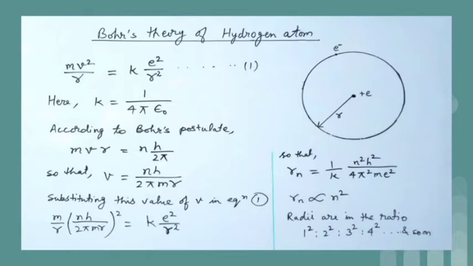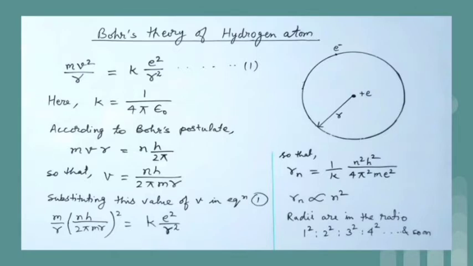Therefore, radii of Bohr's stationary orbits can be calculated using the relation mv²/r = k e²/r², equation 1, where mv²/r is the centripetal force and k e²/r² is the electrostatic force. Here k = 1/4πε₀.